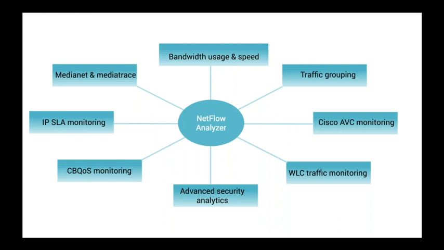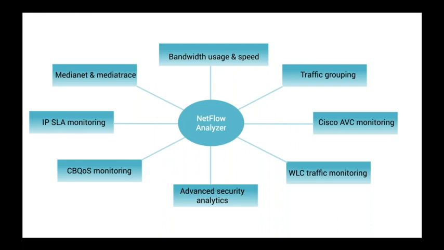The next capability is monitoring your Cisco AVC, which is Application Visibility and Control, a Cisco technology that helps you categorize 1,000+ applications in the network for your HTTP traffic.